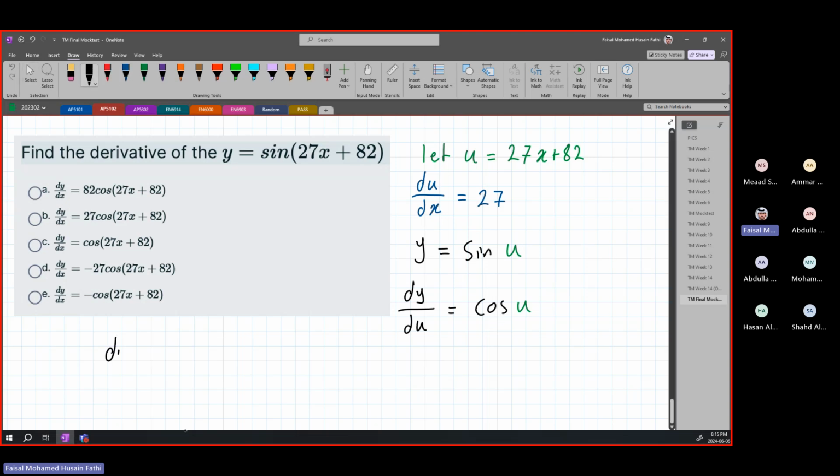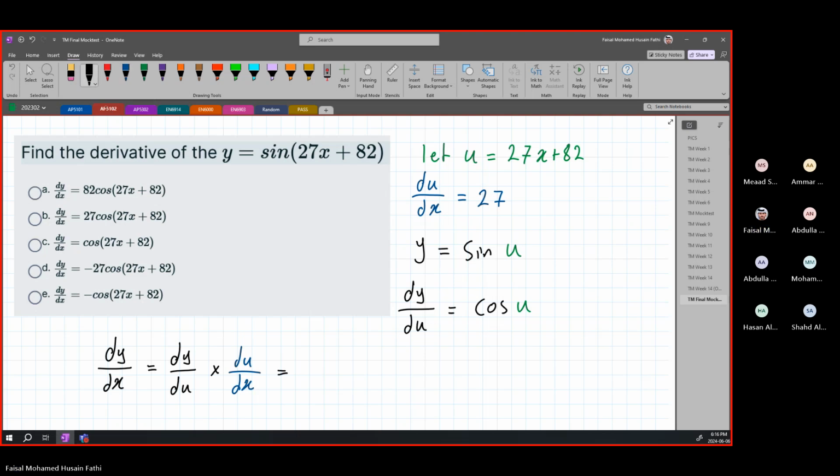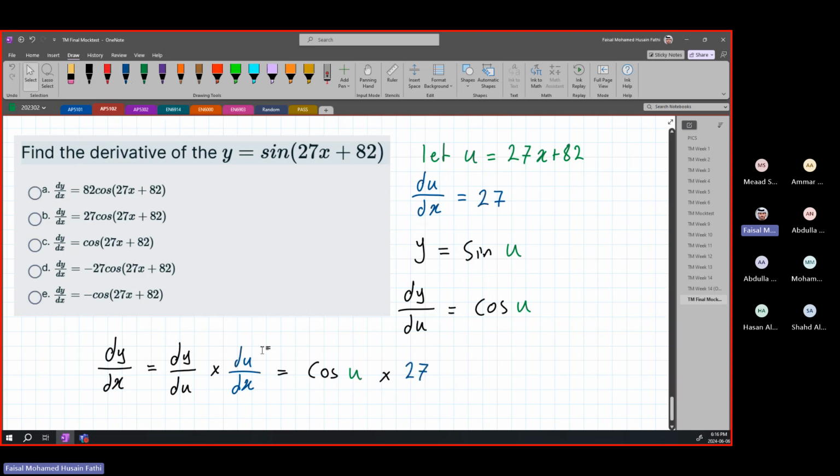Chain rule says dy by dx, which is the actual differentiation we need to find, is equal to dy by du times du by dx, which is going to be equal to dy by du, cosine of u, times 27, which is du by dx.